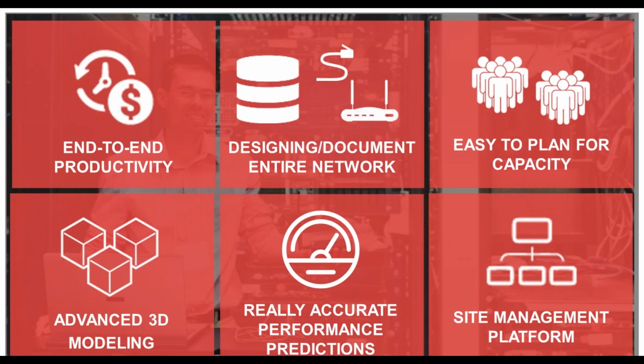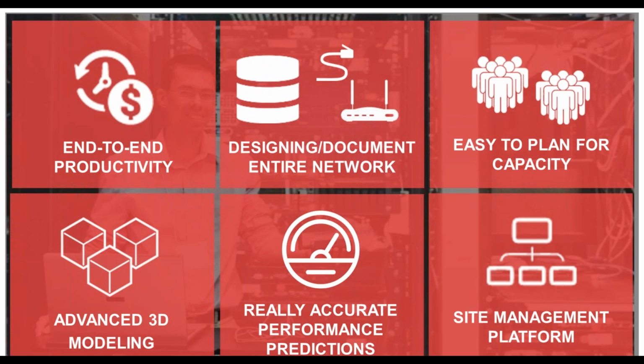We allow you to actually design and document your entire network. So we go beyond just being able to design the network from an AP placement perspective. You can actually route all of your cabling. You can place your routers, your switches, your connectors. So we really cover both the wireless and the wireline side of your network.